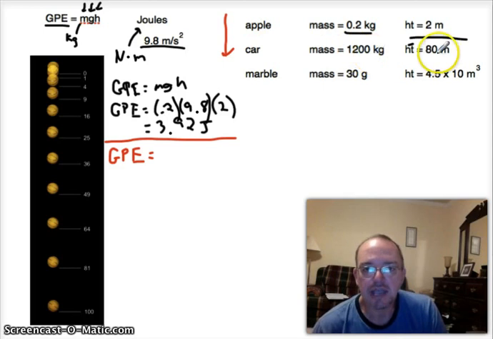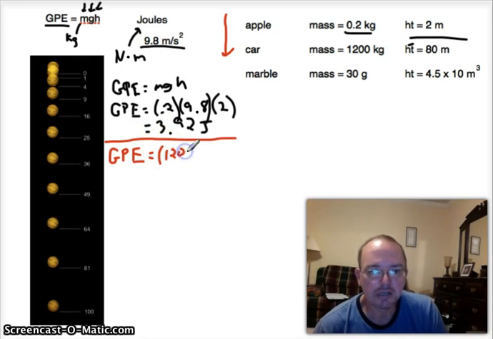The cliff is going to be 80 meters high. The car is going to weigh 1,200 kilograms. So these are all calculations for things that are falling. So we have 1,200 kilograms multiplied times 9.8 meters per second squared, multiplied times 80 meters.